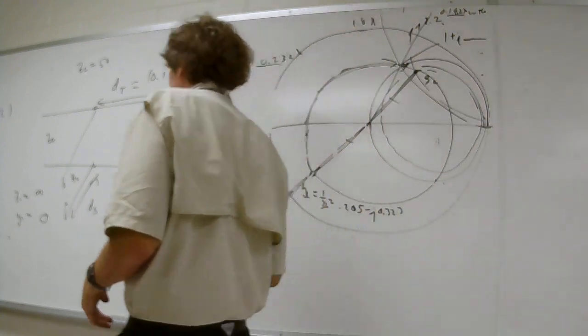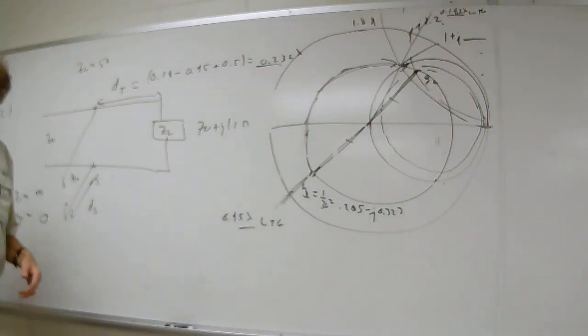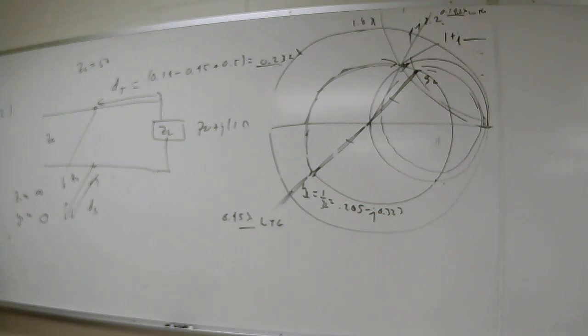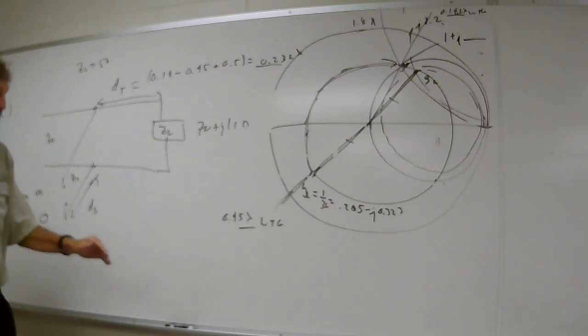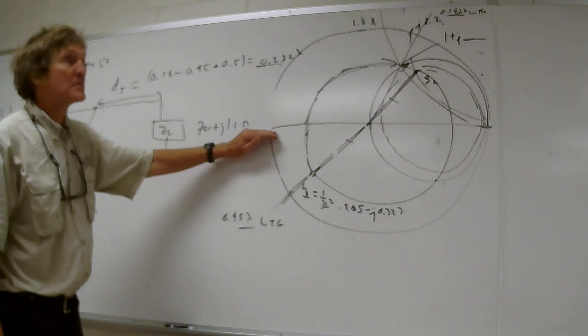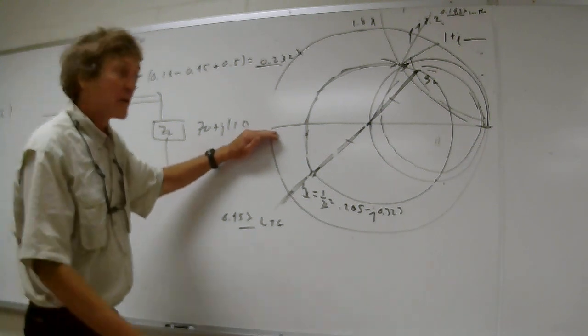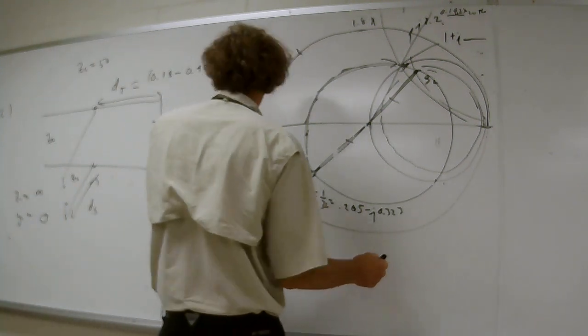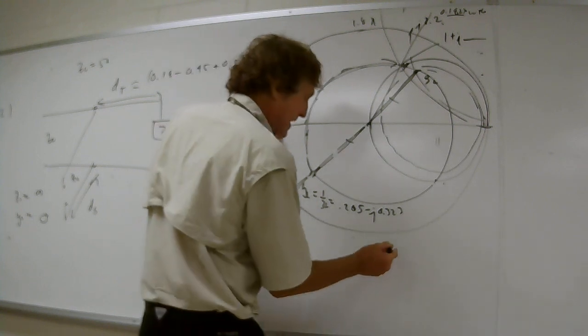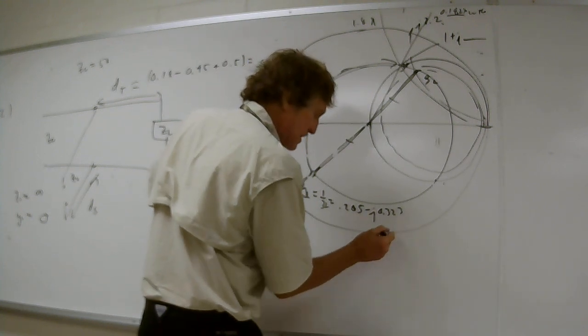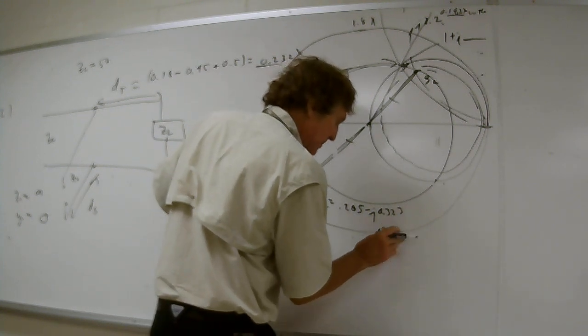Now, that means we're back to this. We have to get rid of the J 1.8, so we need minus J. So this is an open, right? Infinite impedance. We go in the Y domain because it's in parallel. It's zero. We start right here, and we go until we hit minus J 1.8. If that's 1, maybe about here.